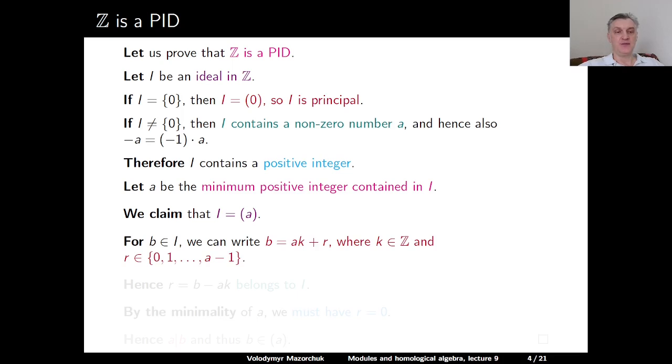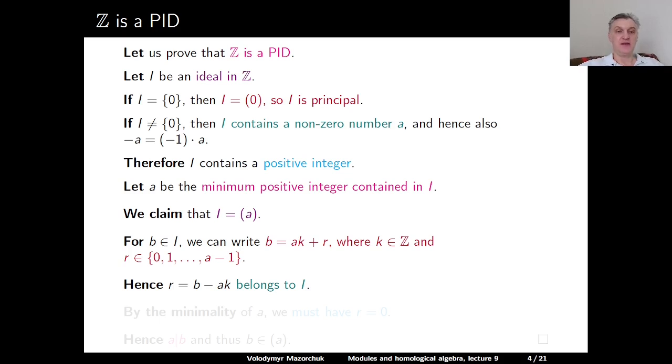Indeed, let B be an element in I. Then we can write B as A times something plus the rest. So here something, which we denote by K, is just an integer, and the rest R is an element between 0 and A minus 1. So we divide B by A with the rest R. In particular, we can write that our rest R is equal to B minus AK.